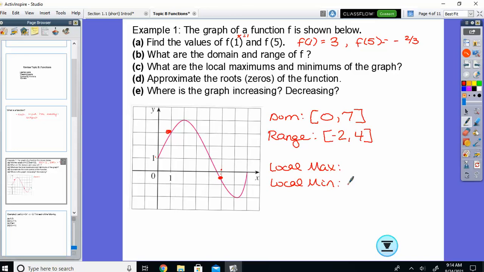But I think we only have one local max here. Where is it? So 2.24. Where's my min? Okay. Yeah, I guess it may be a little past. Let's say 6.25.